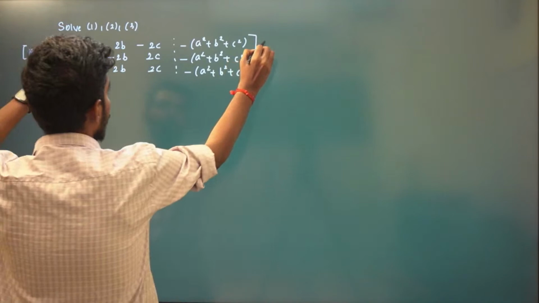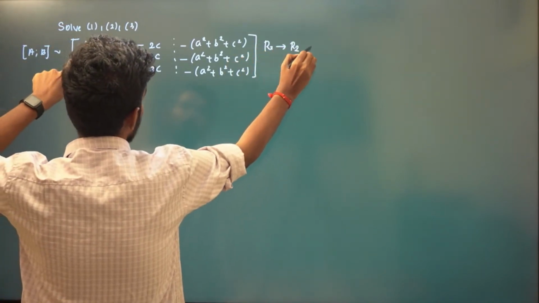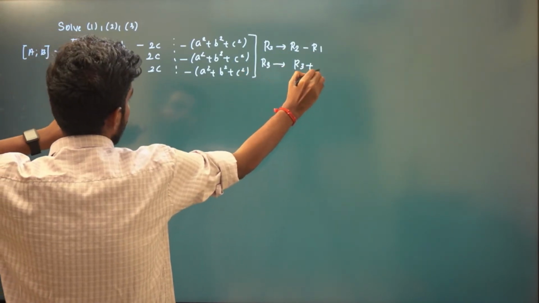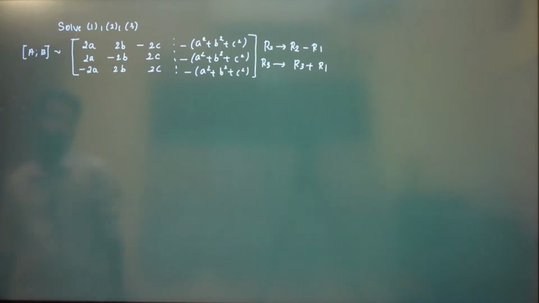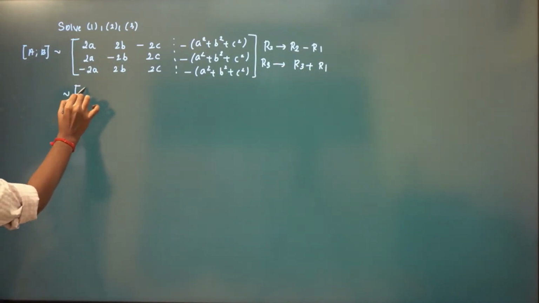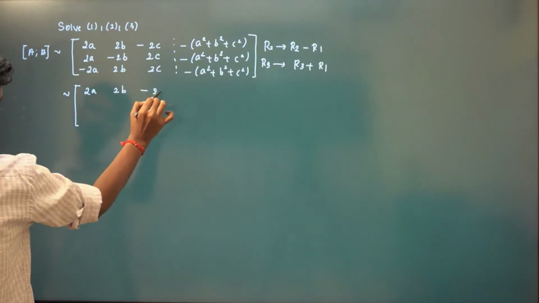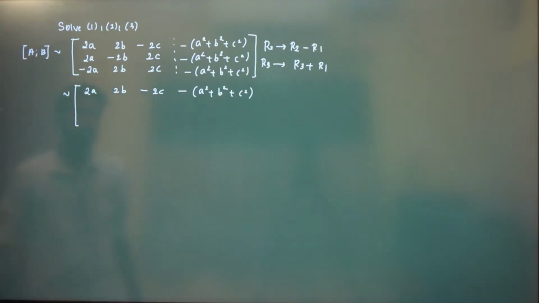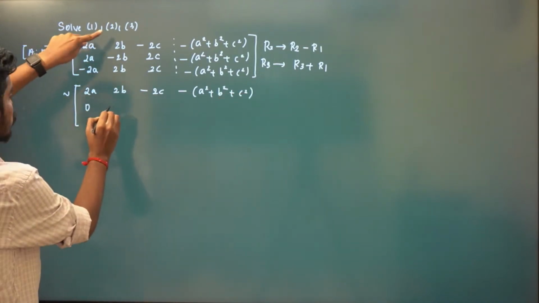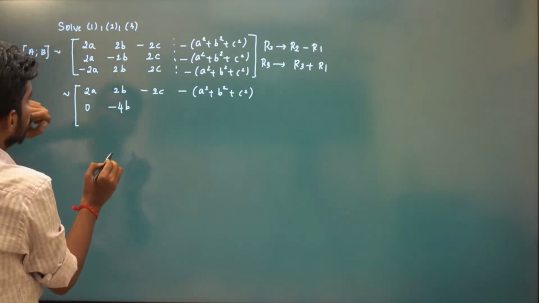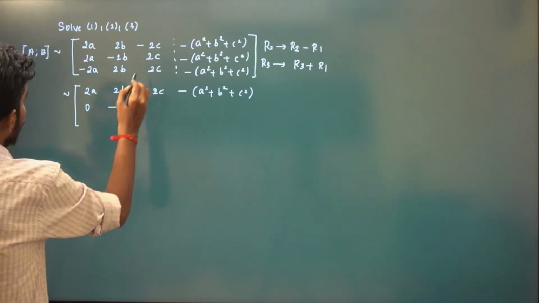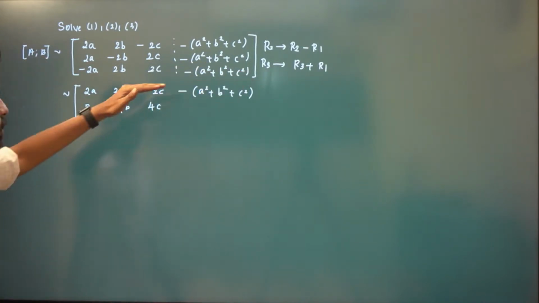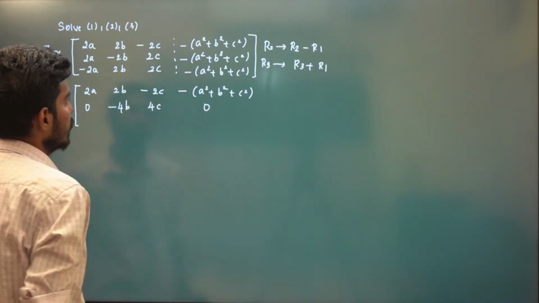So make use of the operation R2 is transformed to R2 minus R1, R3 is transformed to R3 plus R1, right? So if you do this, you will have 2a, 2b, minus 2c, minus of (a² + b² + c²). So 2a minus 2a, minus 2b minus 2b, so we will have minus 4b. 2c minus of minus 2c, we will have 4c, and minus (a² + b² + c²) plus this will be 0, right?